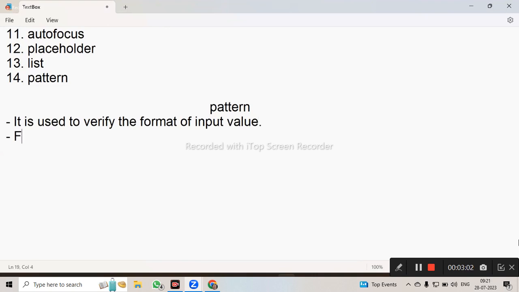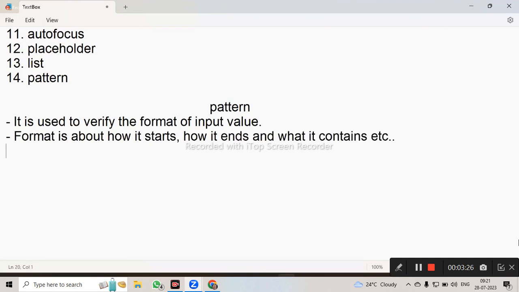Format is about how the value starts, how it ends, and what it contains. All these are verified.